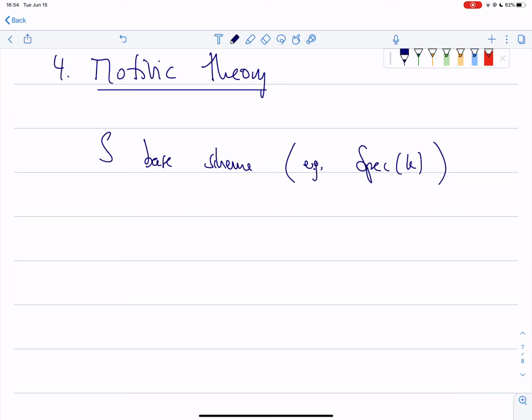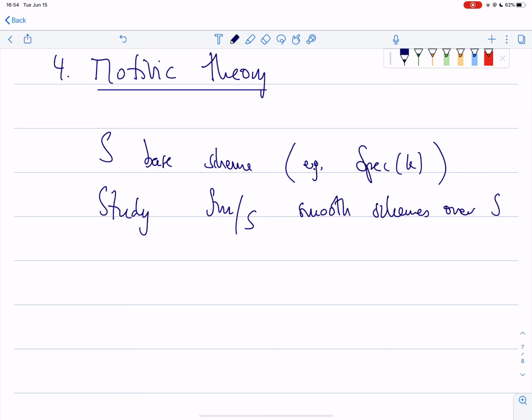What you want to do is tell similar stories, but study smooth schemes over S. You want to study their homological properties, that's the motivic idea, and you want to make A1, this is A1 over S, a new interval. So you want to make A1 the same as a point.